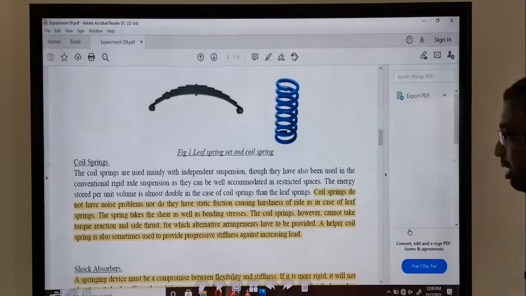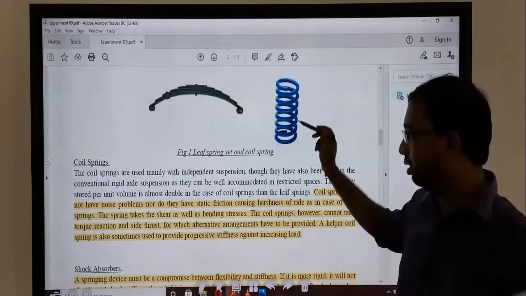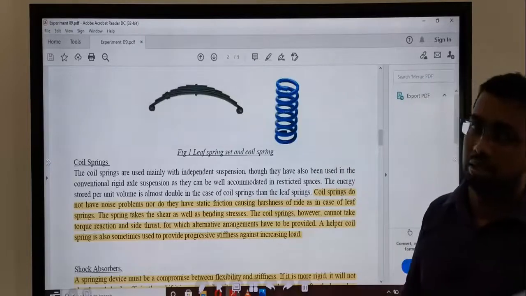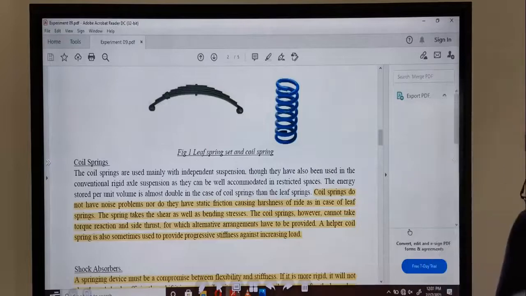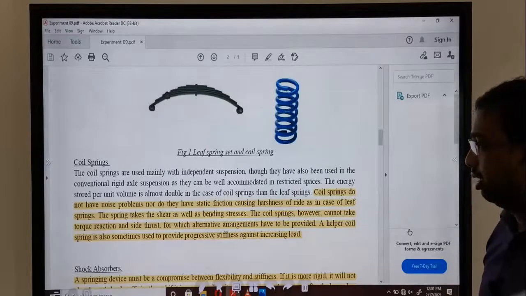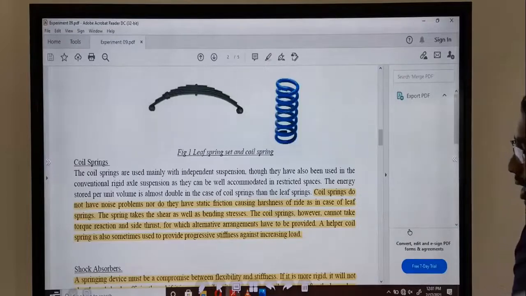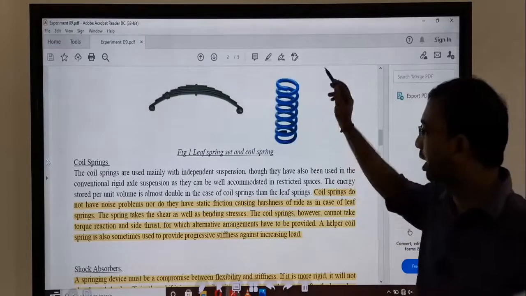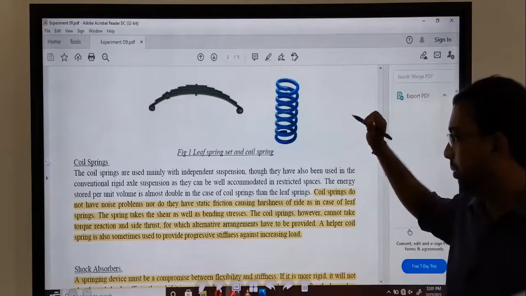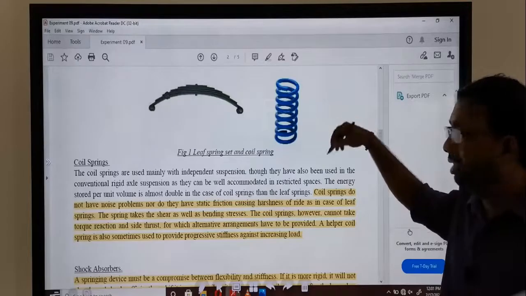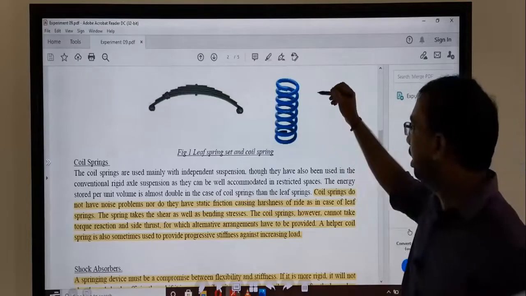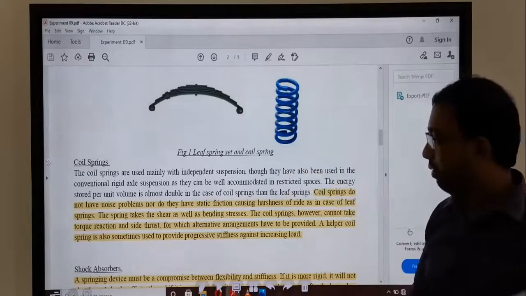The springs take the shear as well as the bending stress. That means it can manage breakage or shear. Shear means breakage. It has a tendency to bend; it has bending stress.